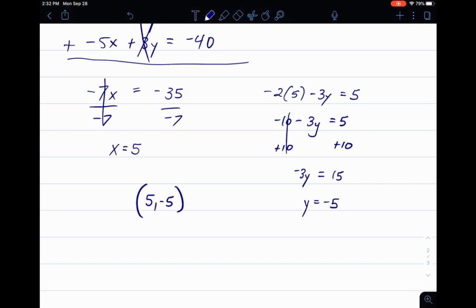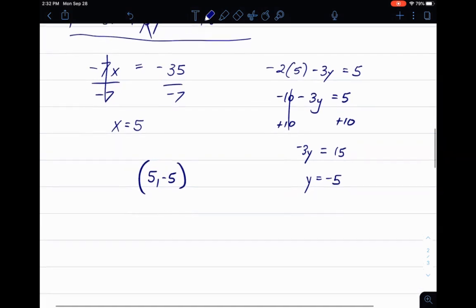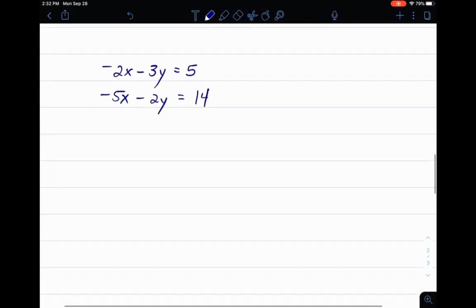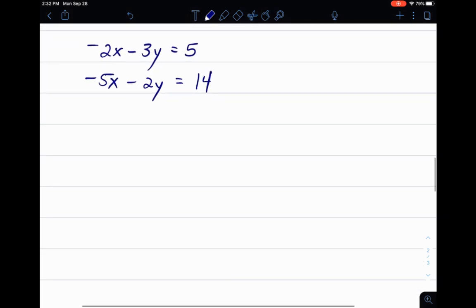Okay, I want to do one more, but I don't want to do the whole problem. I just want to set it up, like figuring out what we're going to multiply by. Okay, so let's say this was our problem.